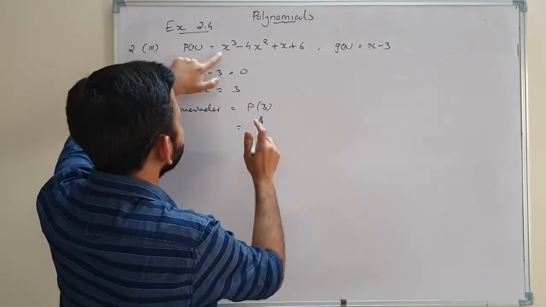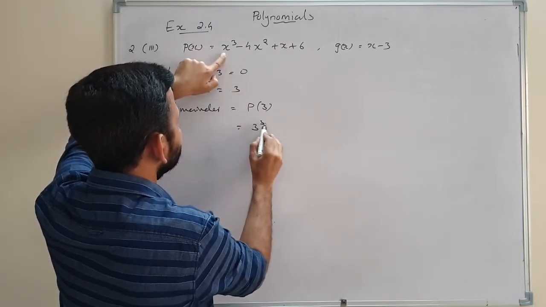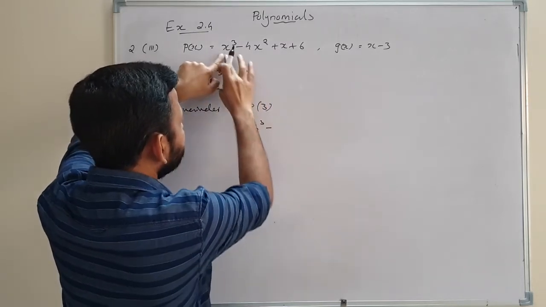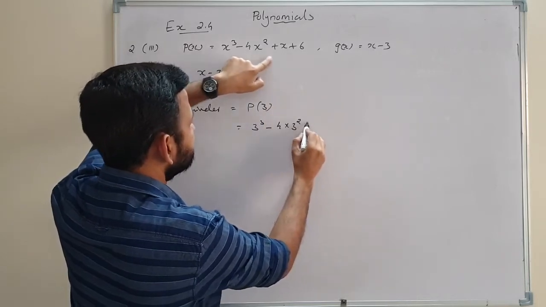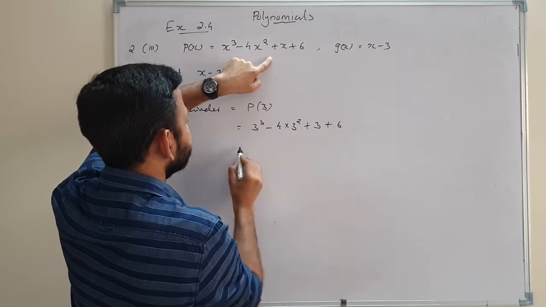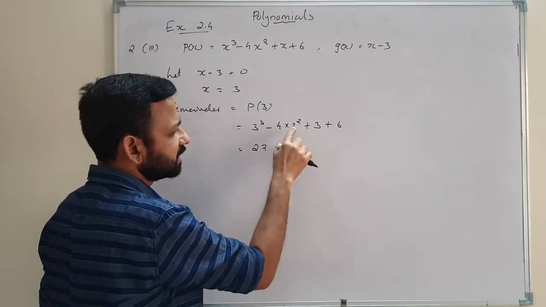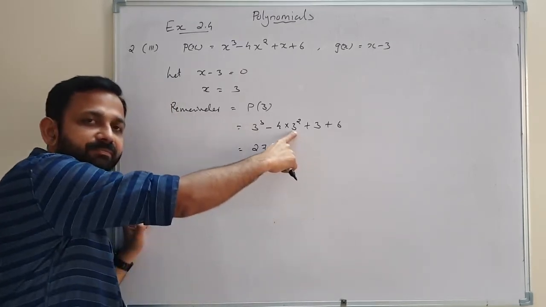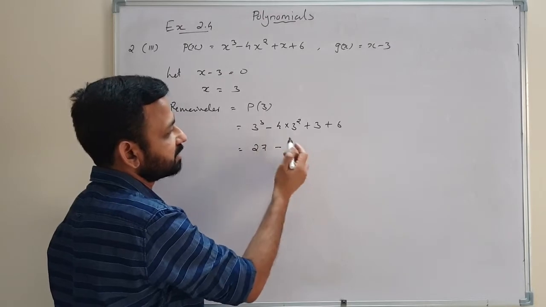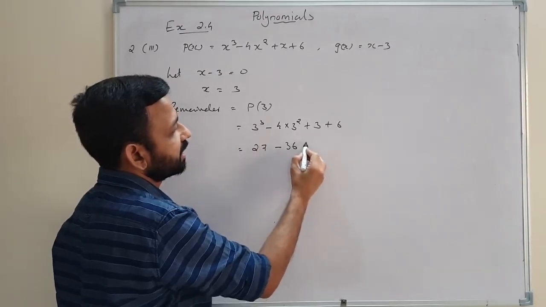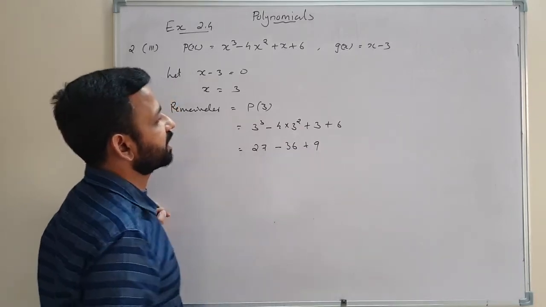So p of 3 we can find. P of x is given, so p of 3, that is 3 cube minus 4 into 3 square plus 3 plus 6. 3 cube is 27, minus 3 square is 9, 9 into 4 is 36, and minus sign is there. Then plus 3 plus 6, 9.